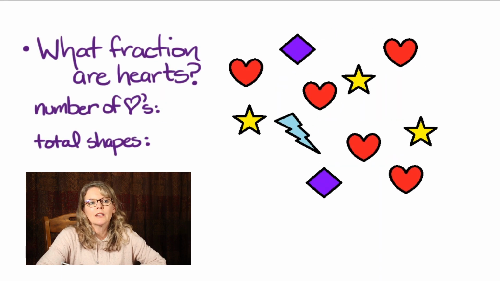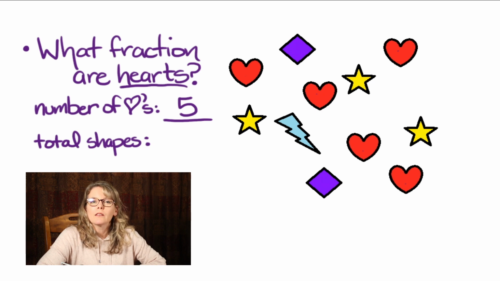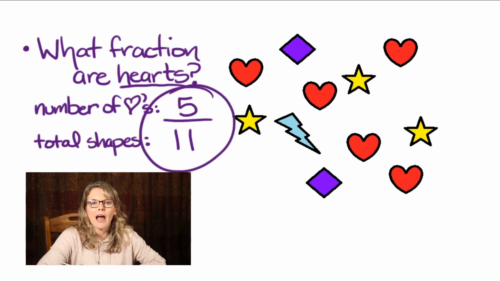For this one, let's write the fraction of the hearts in this group of shapes. So it's going to be the number of hearts over the total number of shapes. Now we just count. I see 5 hearts with how many shapes? Let's go ahead and count them. You should get 11. And so we should have 5/11ths of the shapes are hearts.